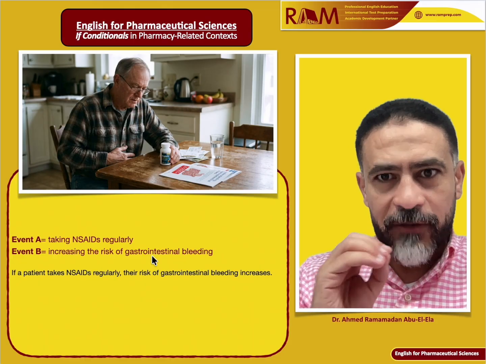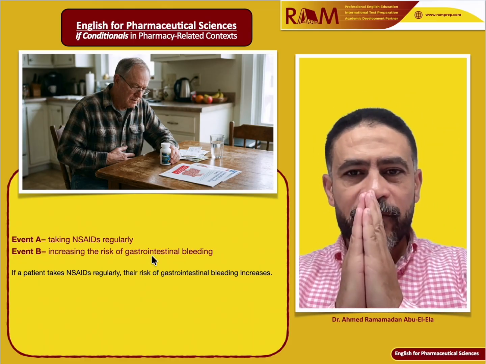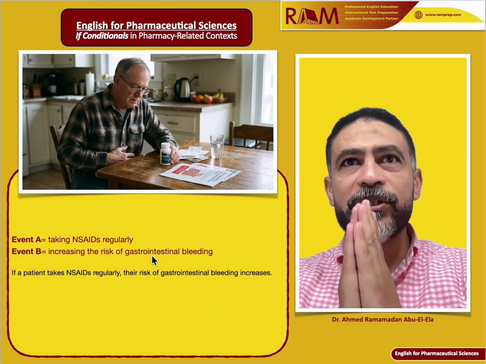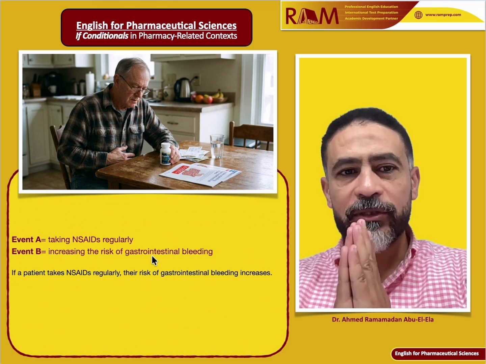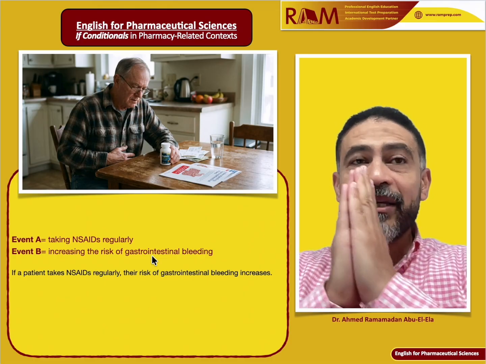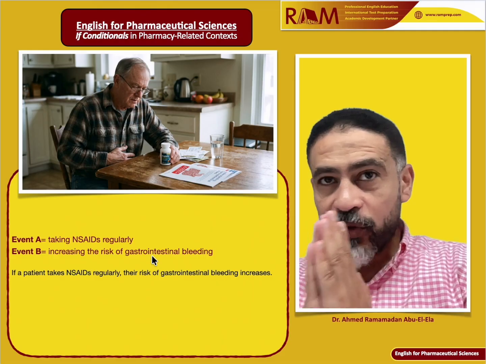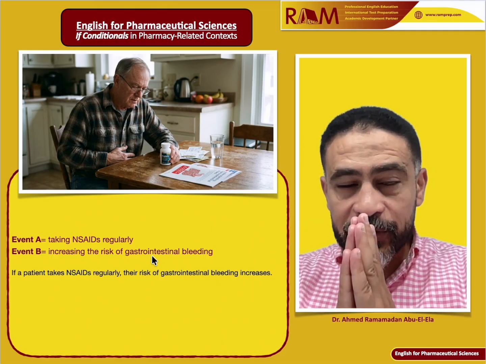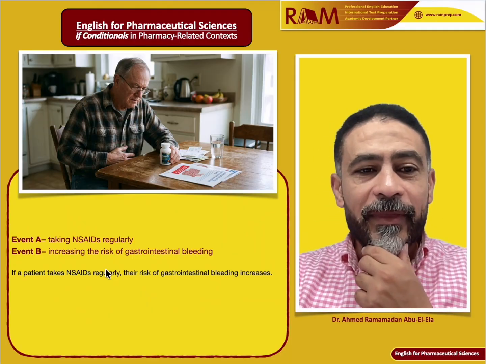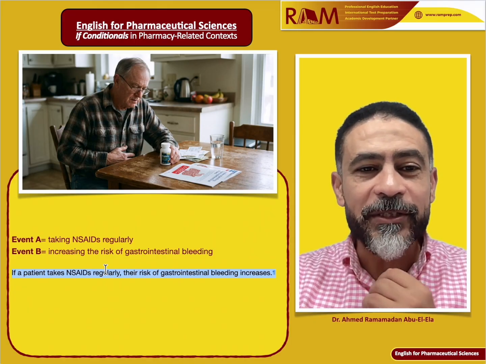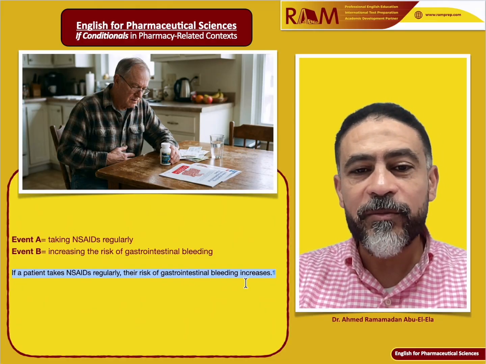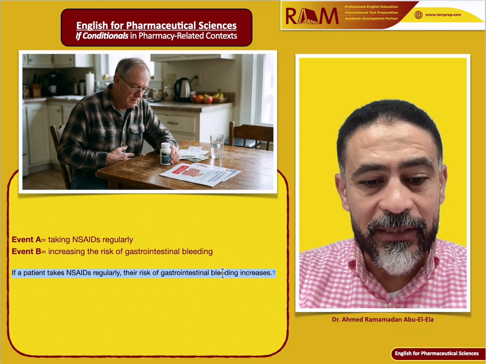If you want to give an impression that it's 100% certain and there is zero doubt that when event A happens, B happens, you can say, if a patient takes NSAIDs regularly, comma, the risk of gastrointestinal bleeding increases. We can write it in this way.